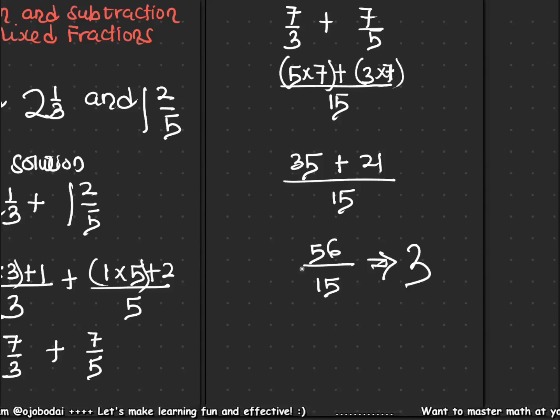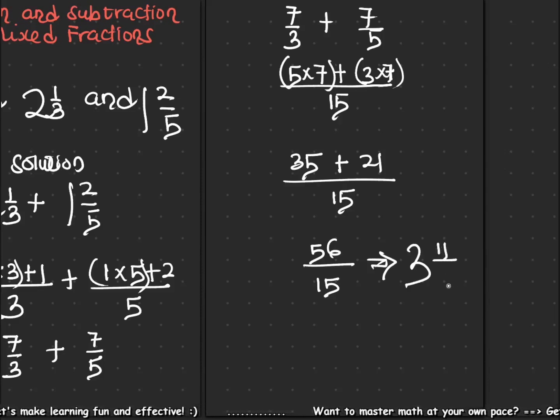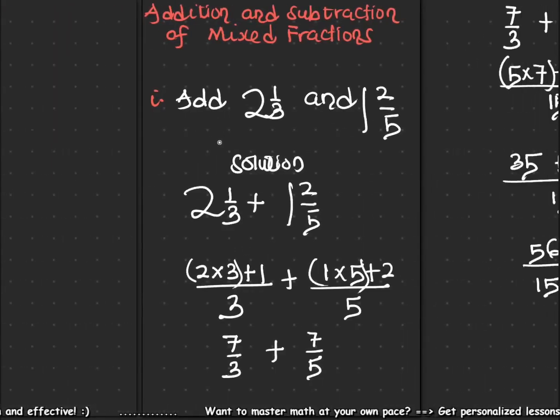So with the 45, what will be your remainder? That is 56 minus 45, which gives us 11 all over 15. So our answer is 3 whole number 11 over 15. That becomes our result after adding 2 whole number 1 over 3 and 1 whole number 2 over 5.